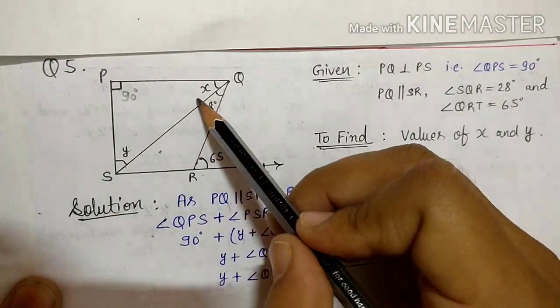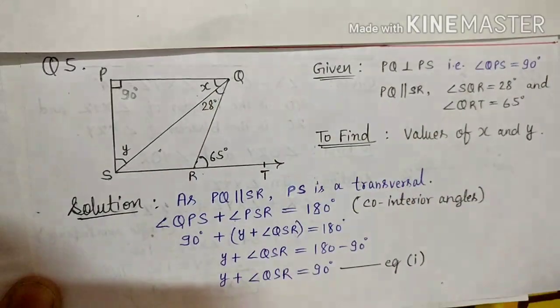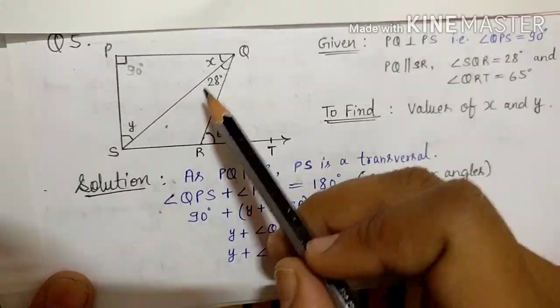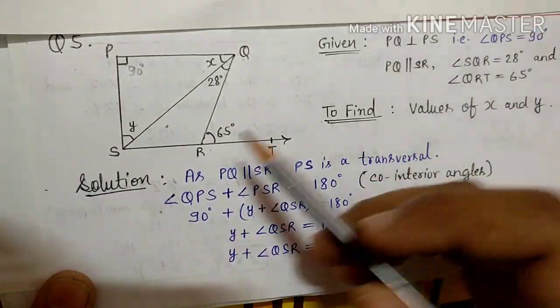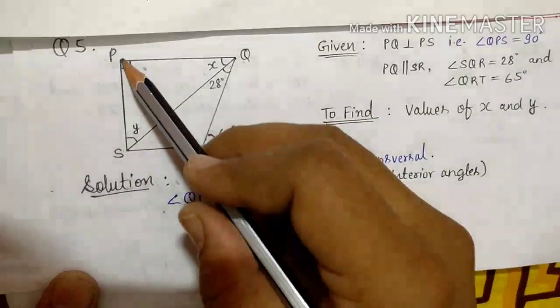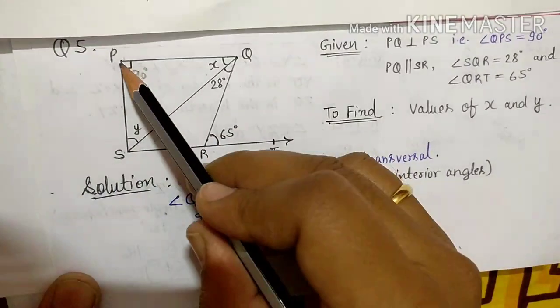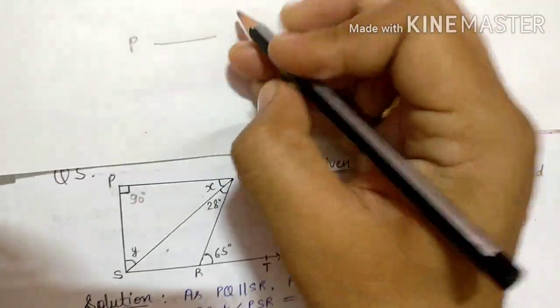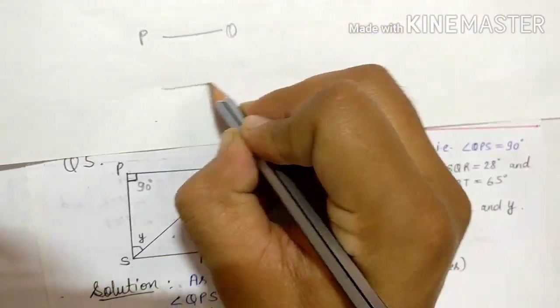We have to find the value of X and Y. So let's start our solution. As PQ is given parallel to SR, we can say this PS is working as a transversal. Just check, PQ is parallel to SR.